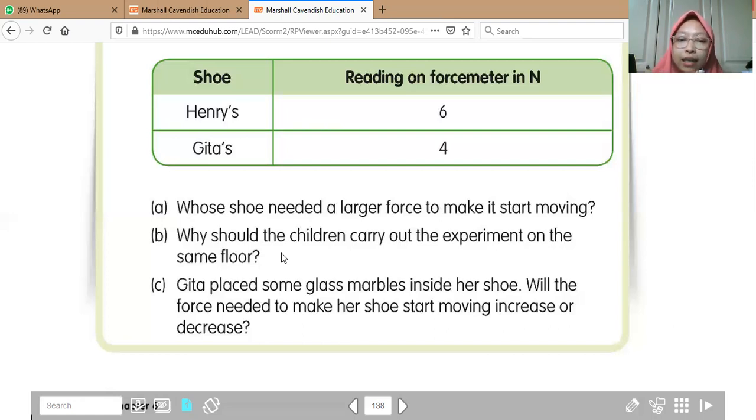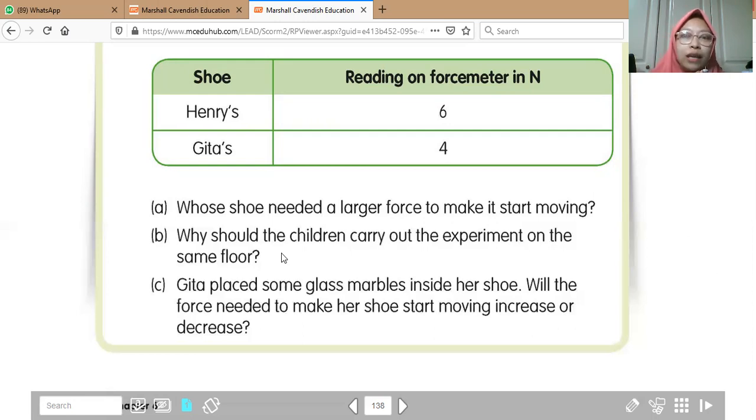Why? Kenapa kita harus doing this experiment on the same floor? You can give a reason why we must do this experiment on the same floor. Why, if we do this experiment on a different floor, this relates to friction or what we want to do next.